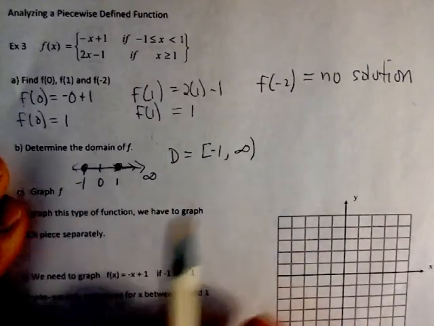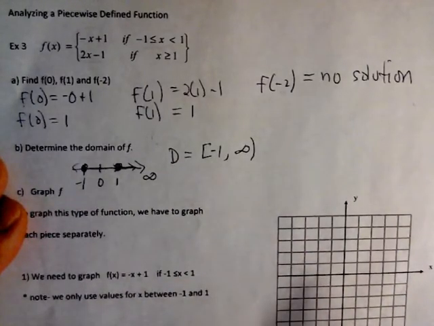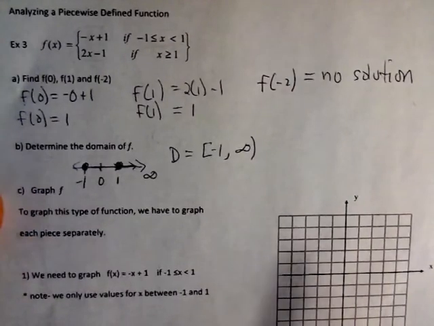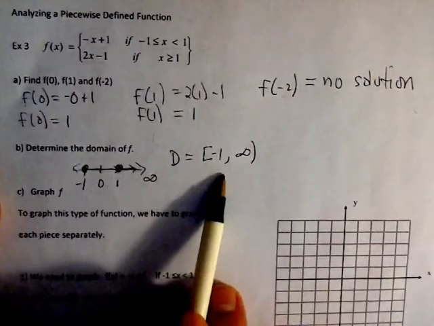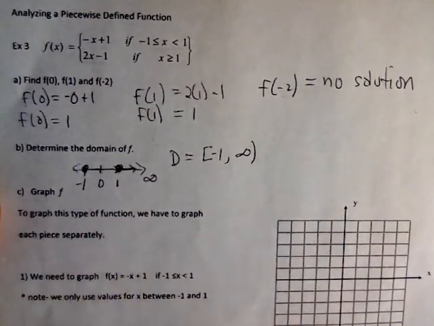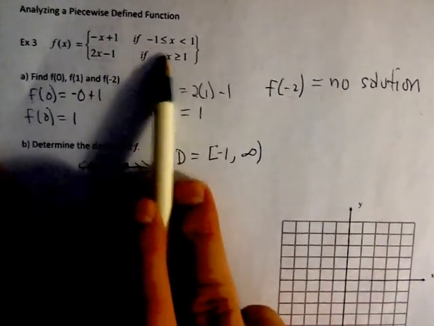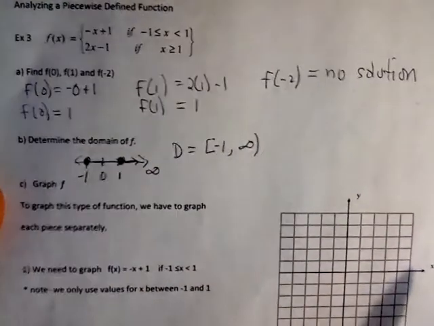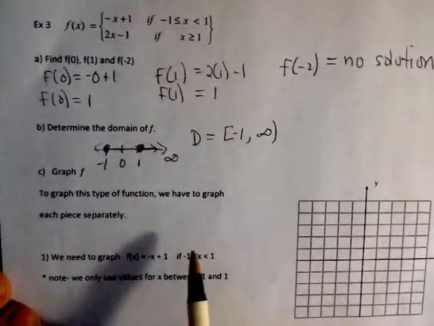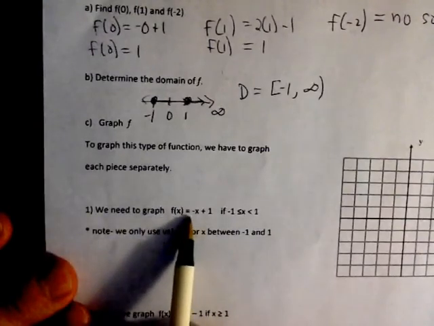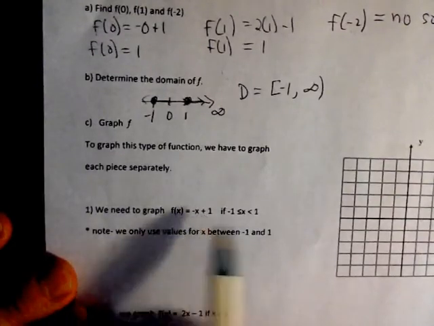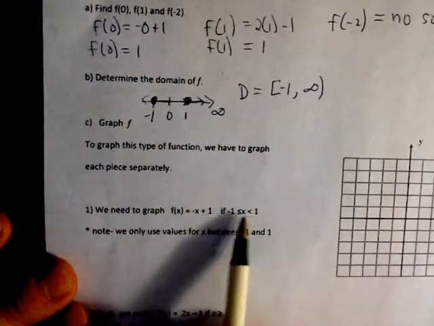I know domain's always tough. It's tough on the test. It's just tough. All right, so that's finding values and domain. Next, we want to graph. Again, I graph each piece separately. The first one I'm going to graph is the top piece, where f of x is negative x plus 1 for these values.